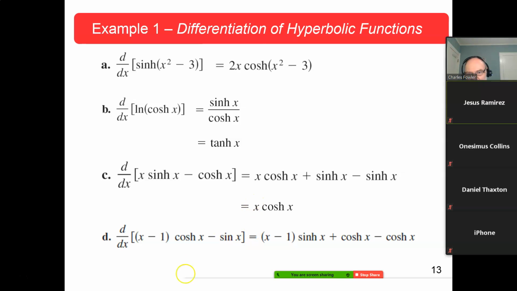Okay, now actually how I would do this one, I would split this into x hyperbolic cosine minus hyperbolic cosine minus hyperbolic sine. Okay, and on that first one, the derivative of a product is the first times the derivative of the second, that'd be x hyperbolic sine. So that's right. Okay, the next one would be minus the derivative, oh yeah, then the second would be hyperbolic plus hyperbolic cosine.